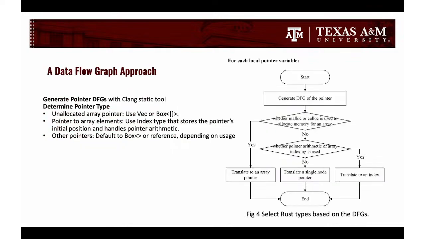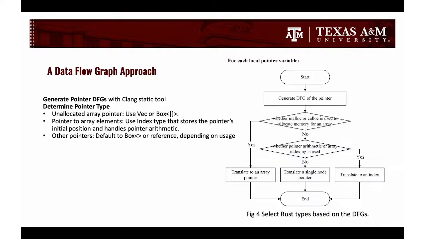To address this problem, we also apply data flow graphs, as they are a compacted version of code that tells the future usage of a variable and saves on token limit. The diagram describes our strategy for distinguishing between scalar pointers, array pointers, and pointer arithmetic.